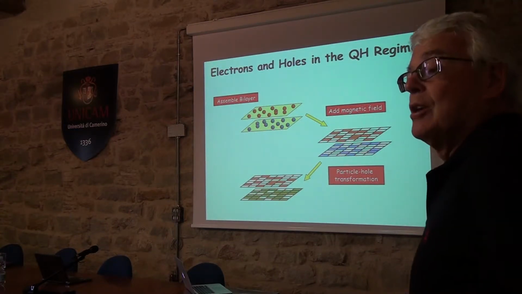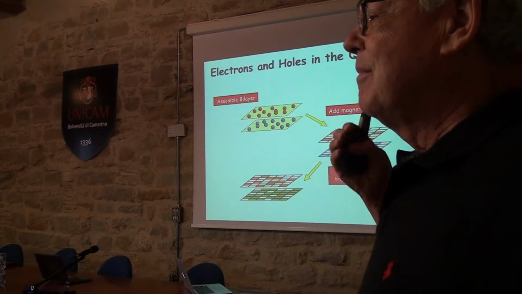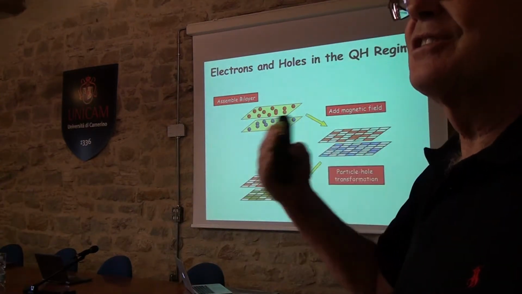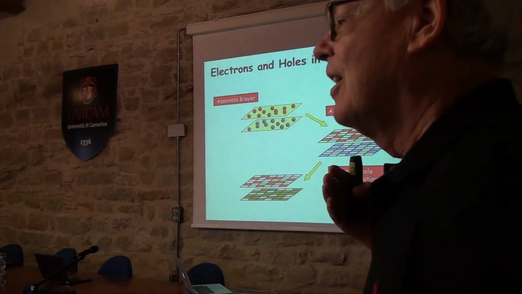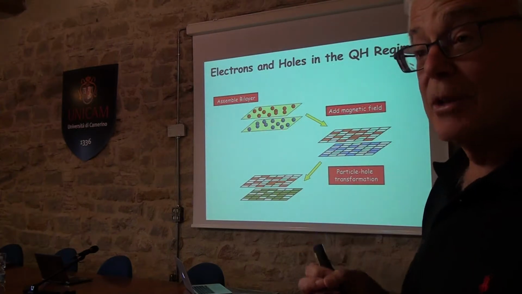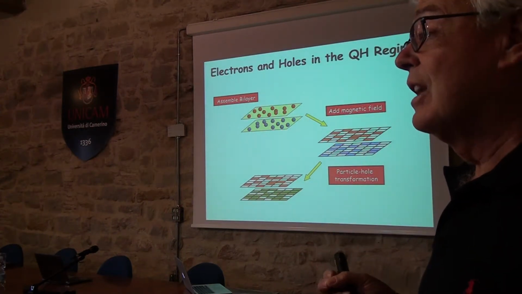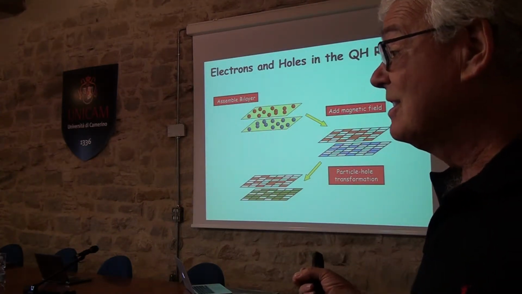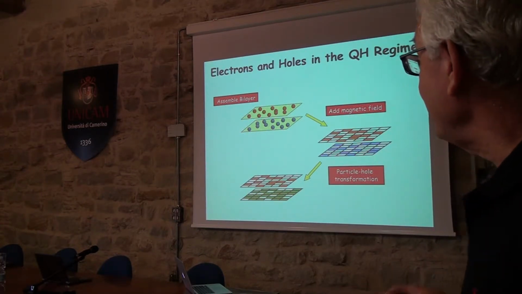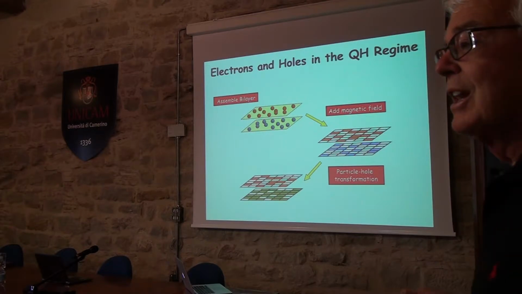So the system in which, you can use whatever words you like, exciton condensation is entirely equivalent to describing this state as one in which you establish phase coherence of electrons between two different layers without any electron tunneling between the layers. Spontaneous phase coherence between layers.